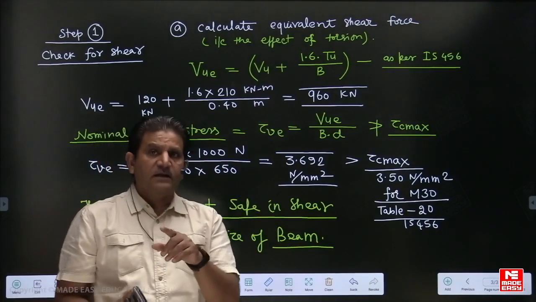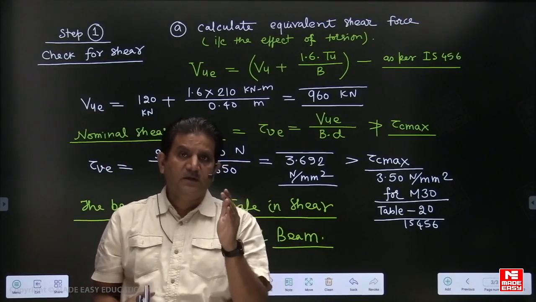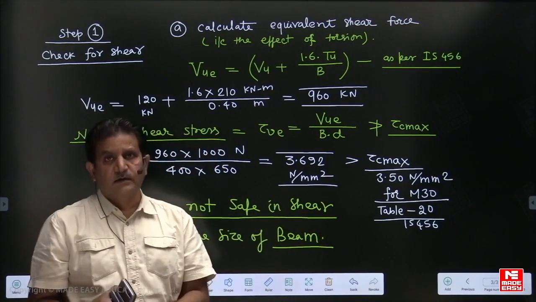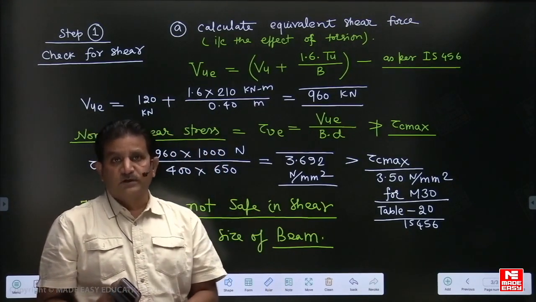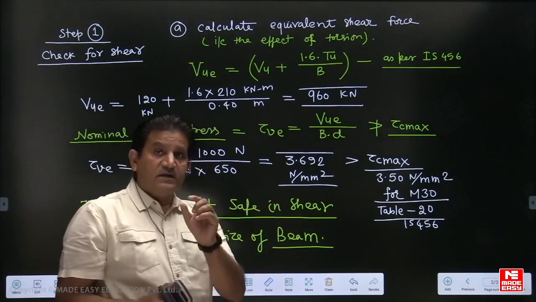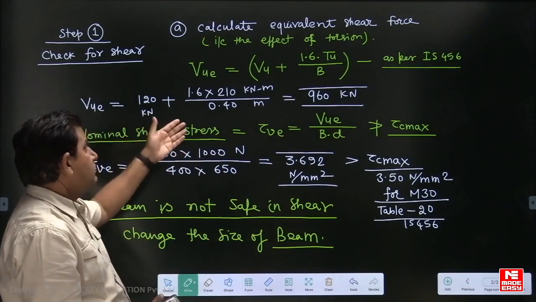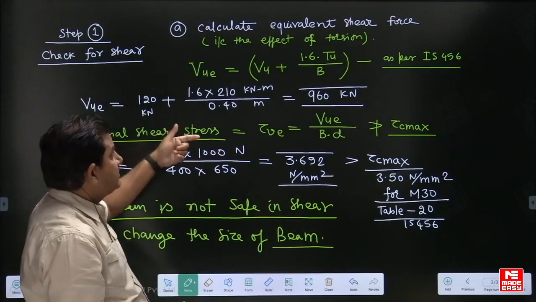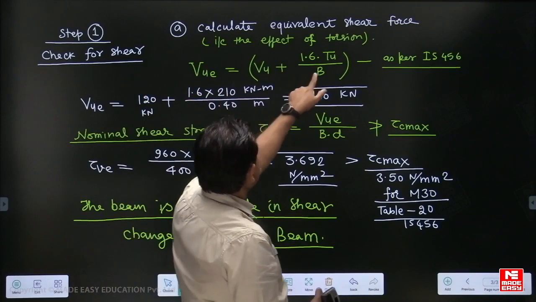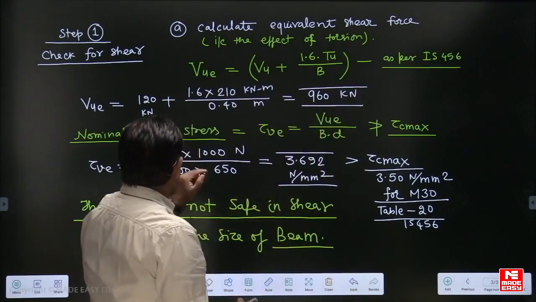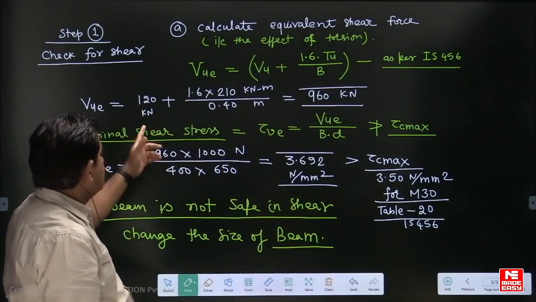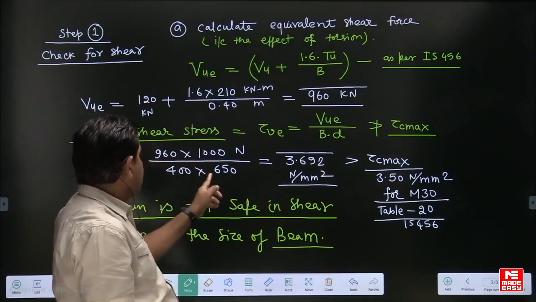And see, generally in this case, when the beam is found not safe in shear due to a high value of torsion, then generally we increase the width, not the depth. You can increase the depth also, but if I am increasing the width, then you will get the benefit in this formula also, and in this formula also, at both locations, because B is here also and here also.